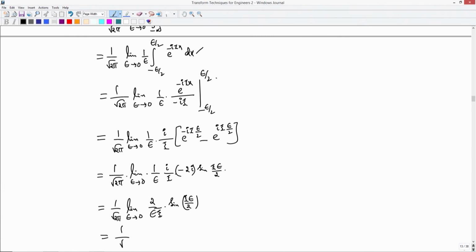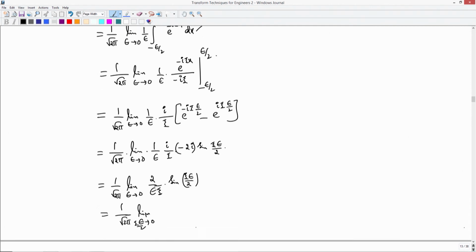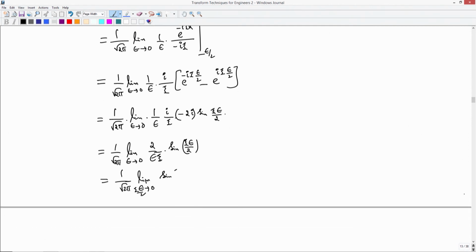As epsilon goes to 0, xi epsilon by 2 also goes to 0. What you get is sine of xi epsilon by 2 divided by xi epsilon by 2, and this is sin x by x as x goes to 0, that is 1. So you have 1 by root 2 pi.